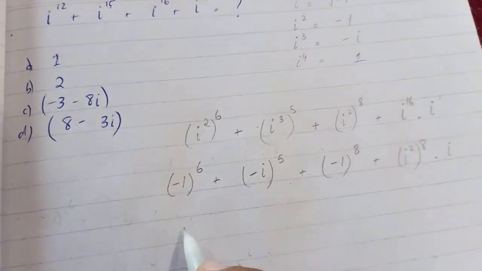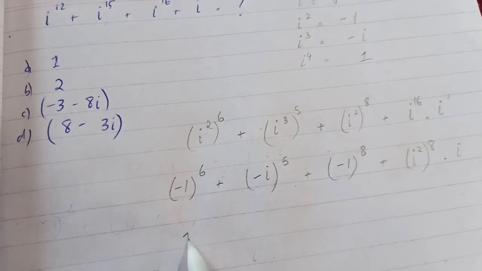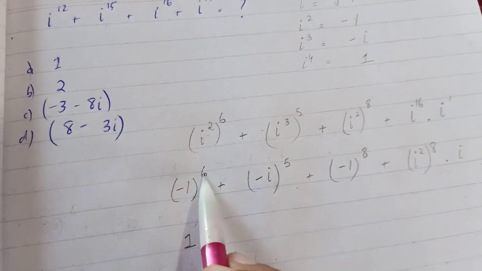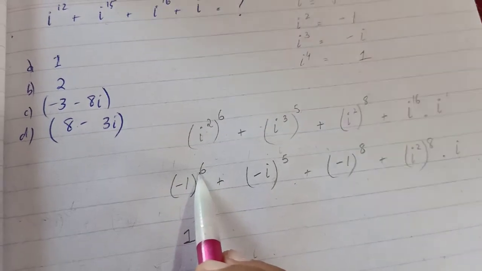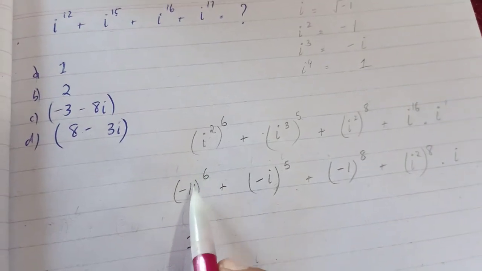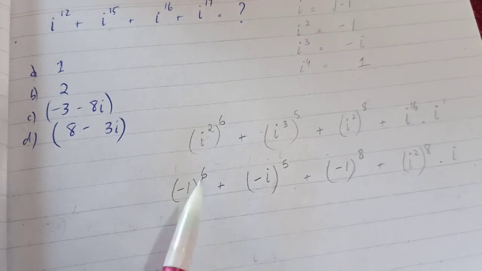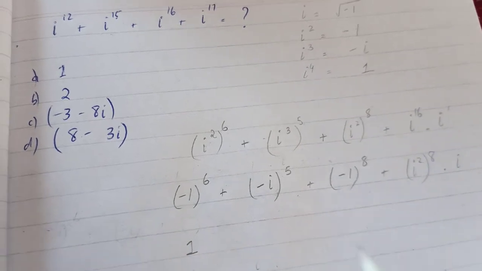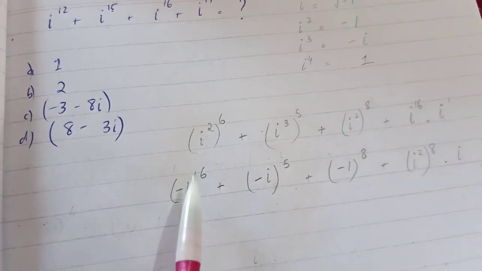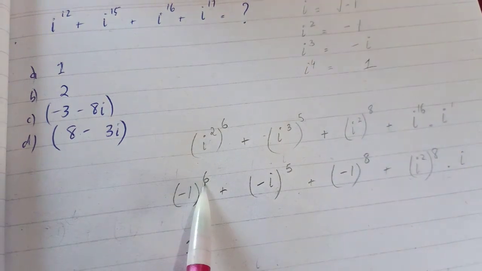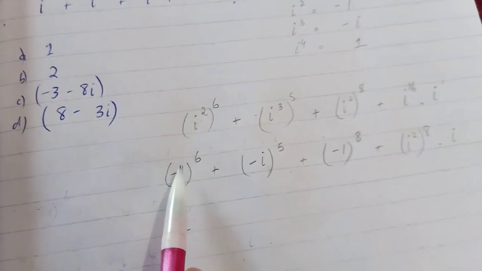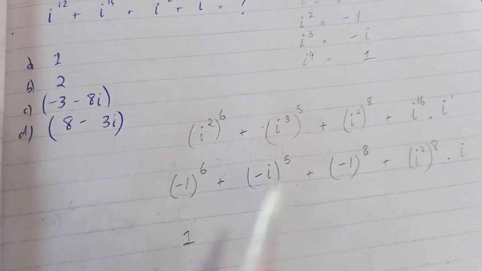So we will not write the minus sign here, only 1 will be here. If there is any odd power like 7, 9, 3, 5, then the minus cannot disappear. Only when there is an even power on the minus sign does the minus disappear.